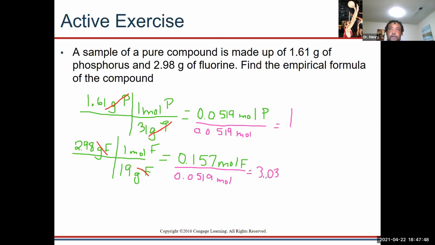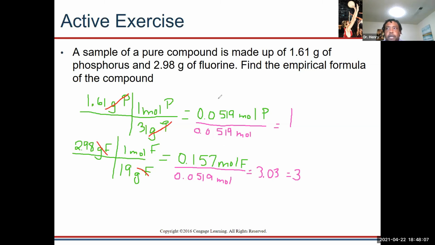So this is 3.03. Now, these numbers should be whole numbers, right? If this number is really, really close to a whole number, you can round. So in this case, we'd round this to 3.